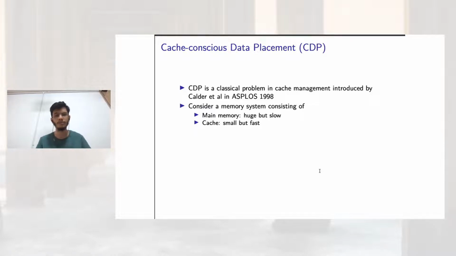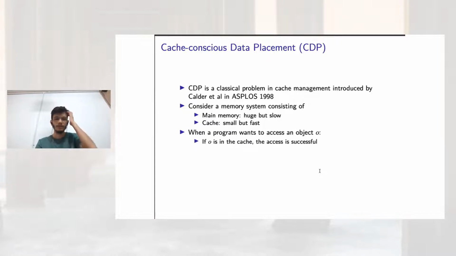Consider a memory system consisting of main memory that is huge but slow, and a small cache that is fast. When a program wants to access an object O, if the object is in cache, the access is successful, or a hit.